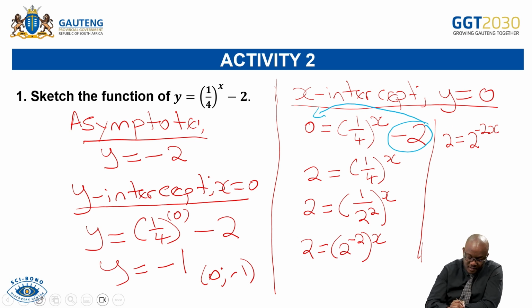Remember that the exponent of our 2 on our left hand side is 1.